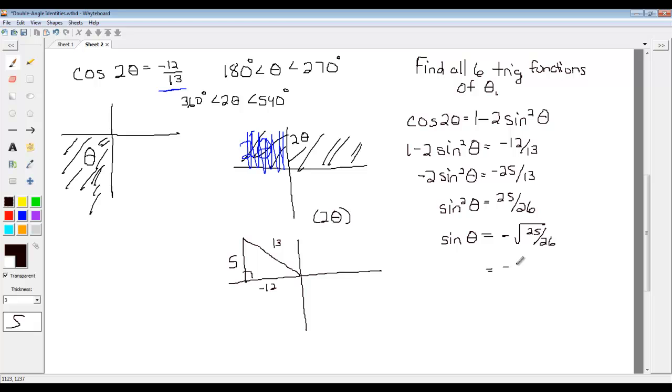So we got negative 5 over the square root of 26, or negative 5 square roots of 26 over 26 for sine theta. And once you know sine, you can do cosecant. It's going to be negative square root of 26 over 5, because it's the reciprocal of sine. So there's 2 of them, 2 down, 4 to go.